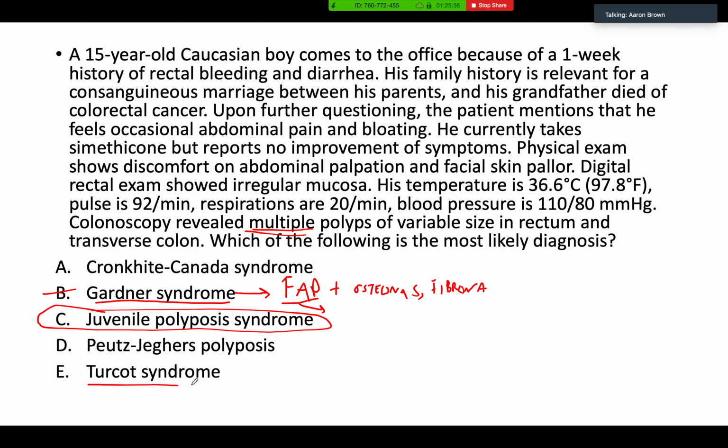What about Turcot syndrome? Good. Yes, Turcot, turban. And so this, rather than being Lynch, this is going to be our FAP again. Okay. So just remember, Lynch syndrome is our HNPCC, meaning hereditary non-polyposis.